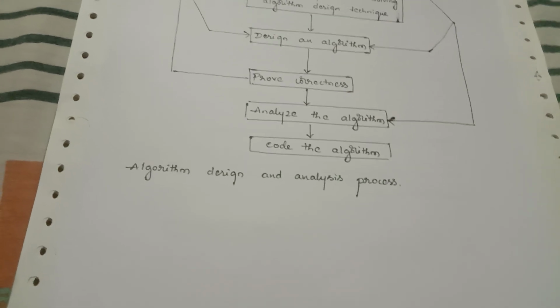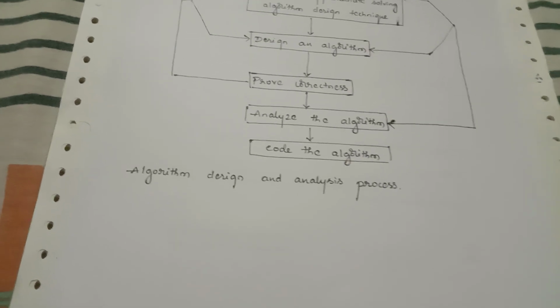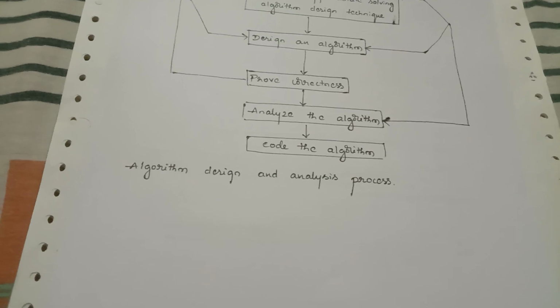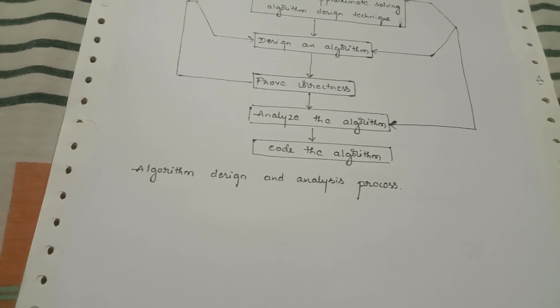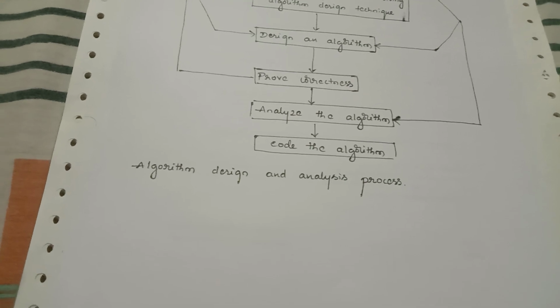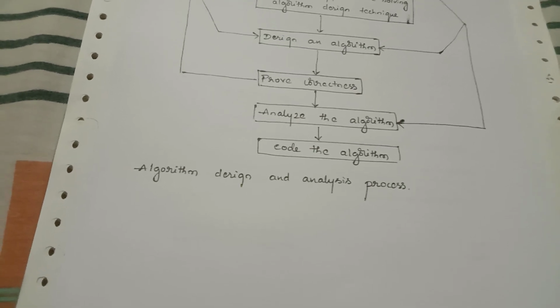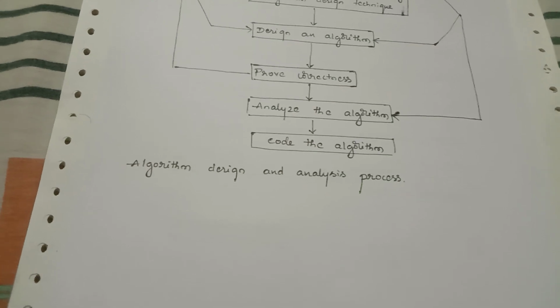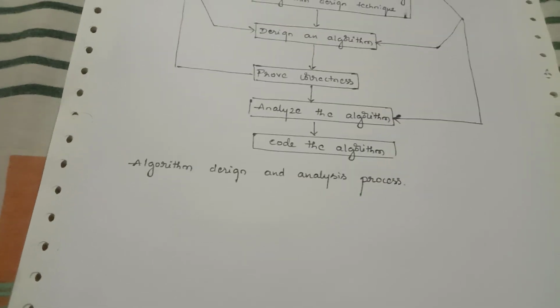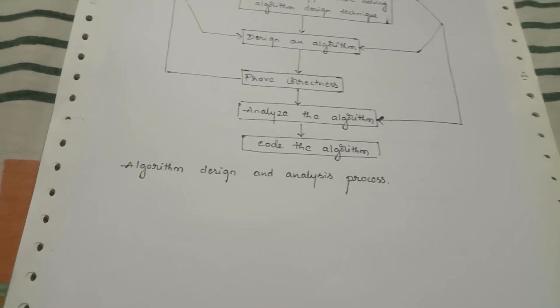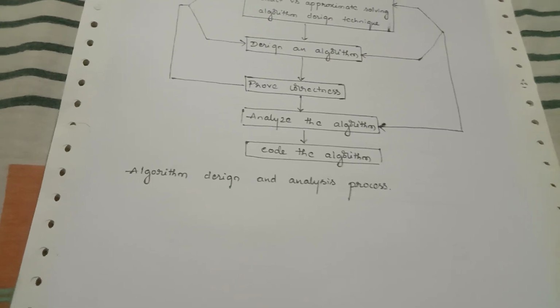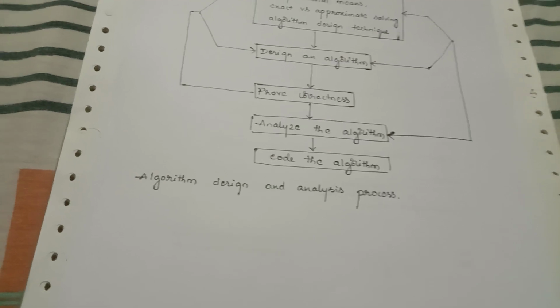That is another quality your algorithm should possess. And then the next step is to code the algorithm. We are going to study the efficiency of an algorithm in detail in the next classes, so for now the definitions of efficiencies are enough.